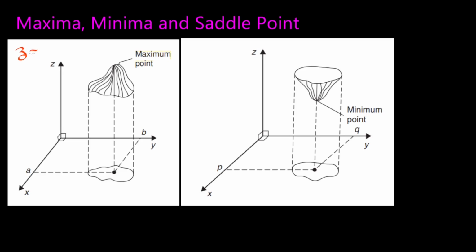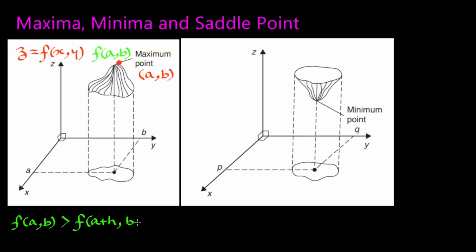z equals f(x,y) is said to be maximum at (a,b) if f(a,b) is greater than the value at any point in the immediate vicinity of (a,b). That is, f(a,b) is greater than f(a+h,b+k) for small positive or negative values of h and k.